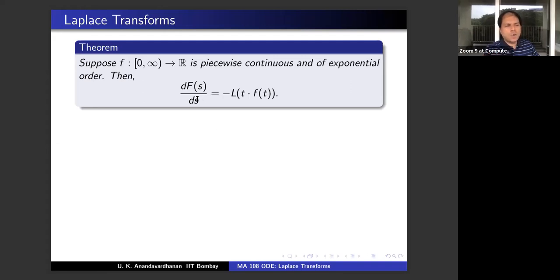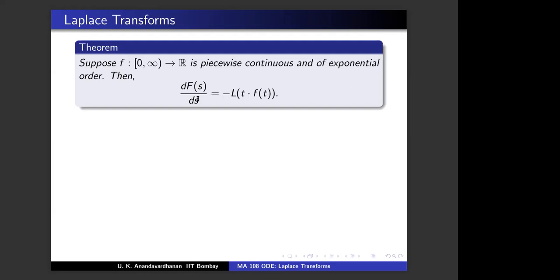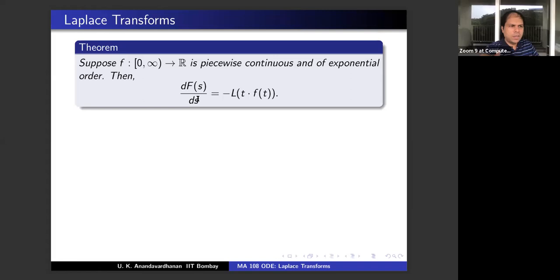So earlier, what was your observation? When you took the derivative and then took the Laplace transform, that involved multiplication by s, right? When you took the function f of t and then you took the derivative f prime t and then you took the Laplace transform, that involved taking the original Laplace transform and multiplying by s, up to that constant minus f of 0.